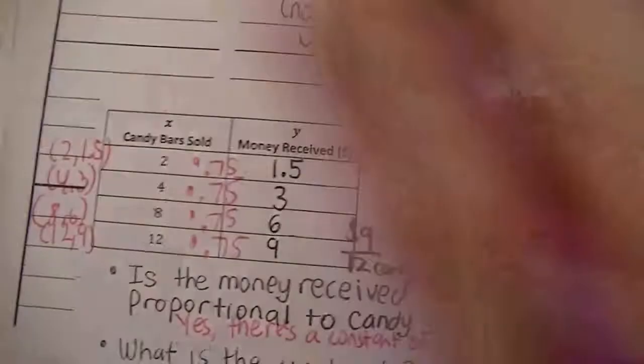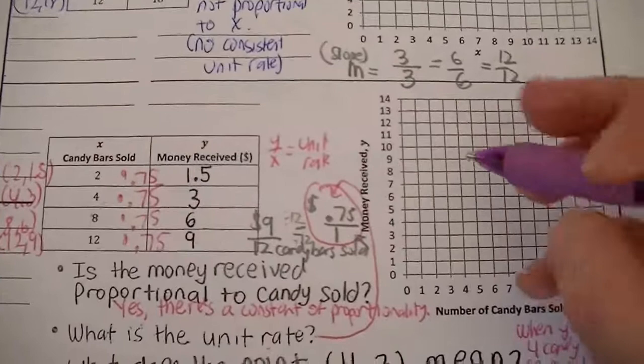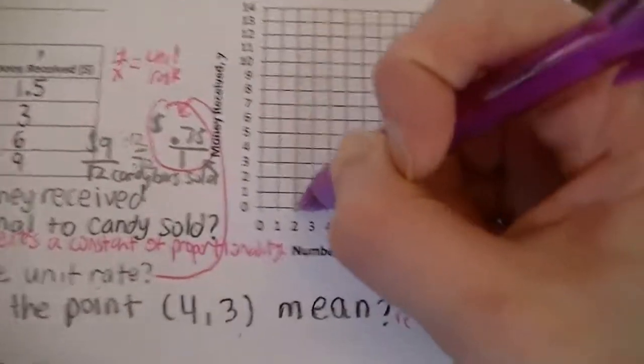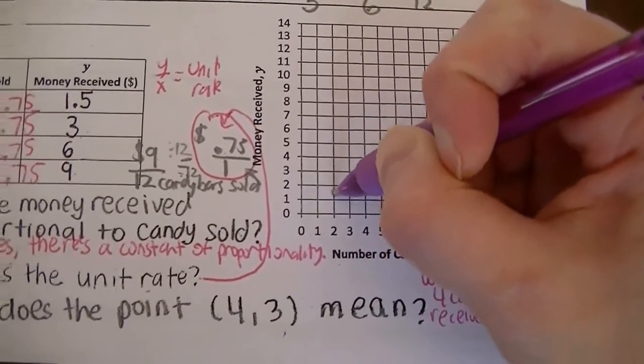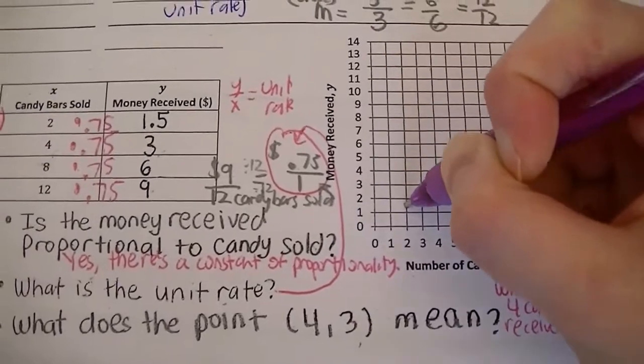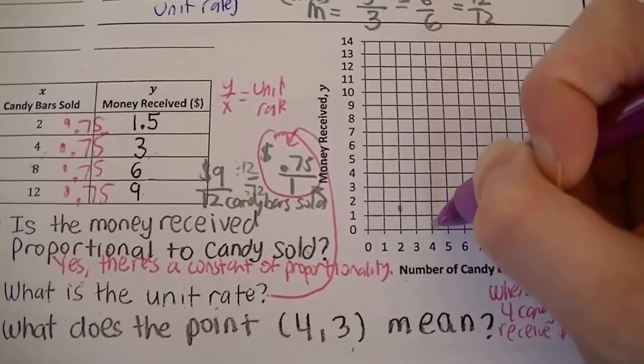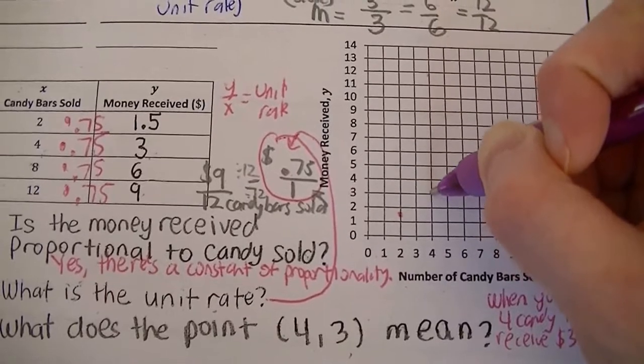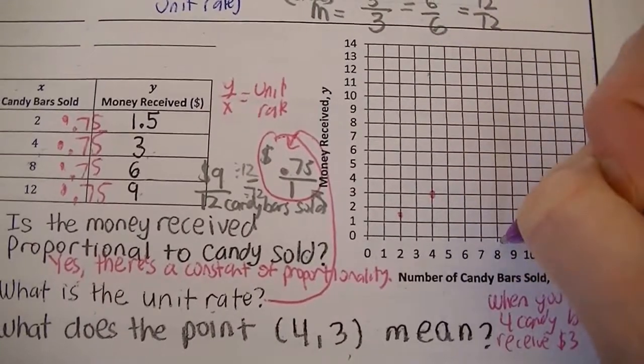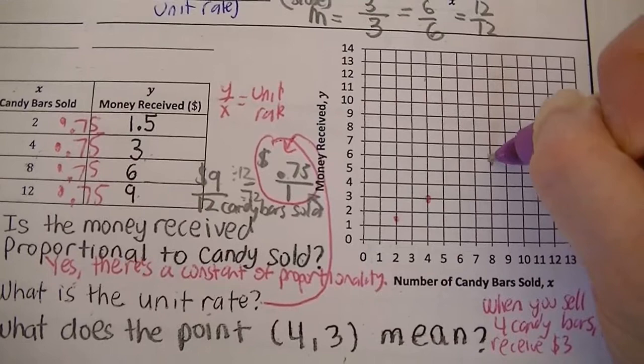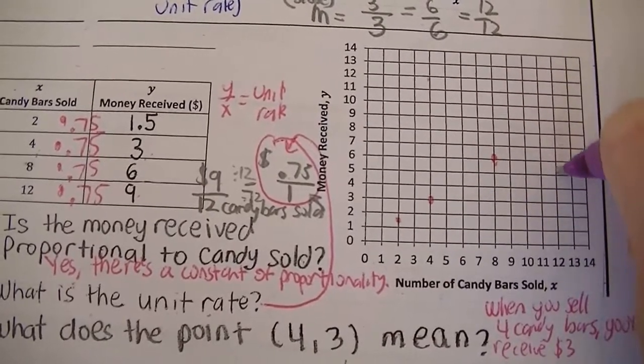If you can already plot it without that, that's fine. X is 2, y is 1.5. X is 4, y is 3. 8, 6. 12, 9.